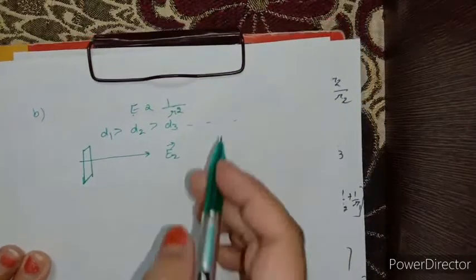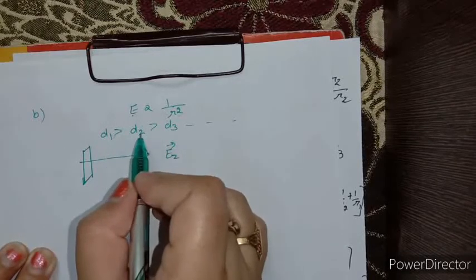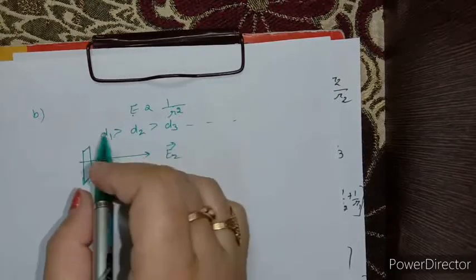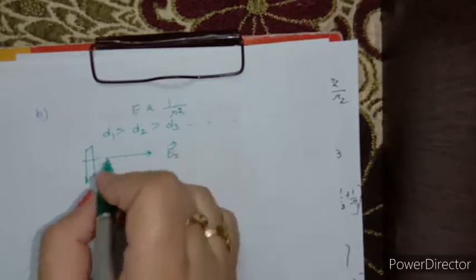So if E is increasing, then D1 is greater than D2 and D2 is greater than D3 and so on.